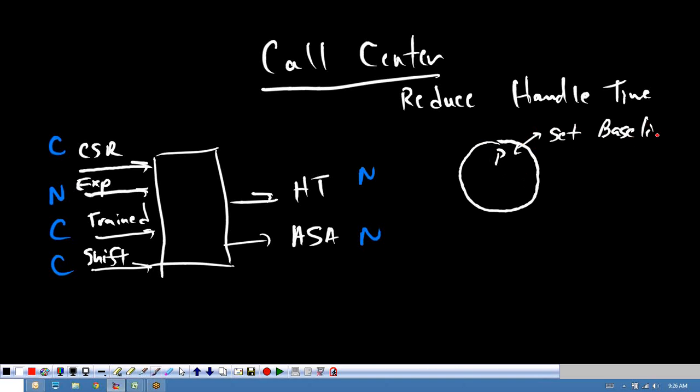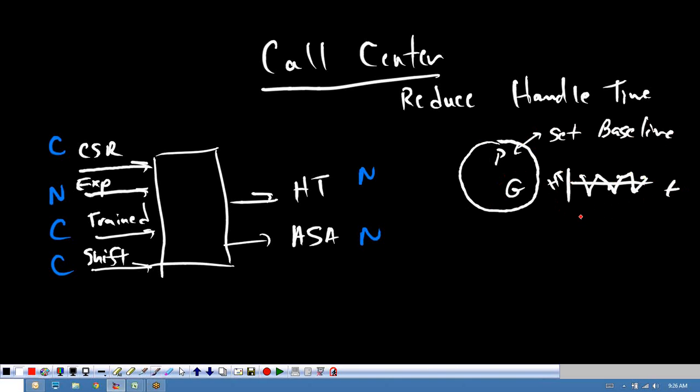Now we've got baselining coming up in another section. Our graphical might be, I look at handle time over time, like what date it was captured on, and I see if it varies.